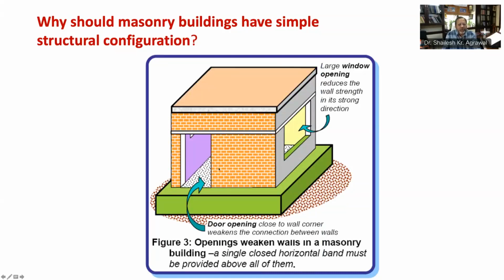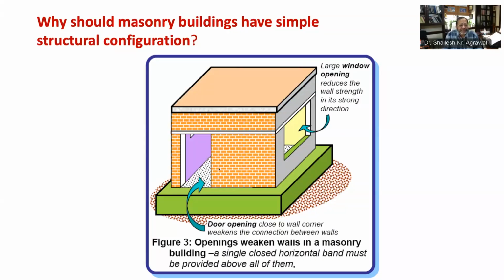Further, large openings weaken walls from carrying the inertia forces in their own plane, and thus it is best to keep openings as small as possible and as far away from the corners as possible.